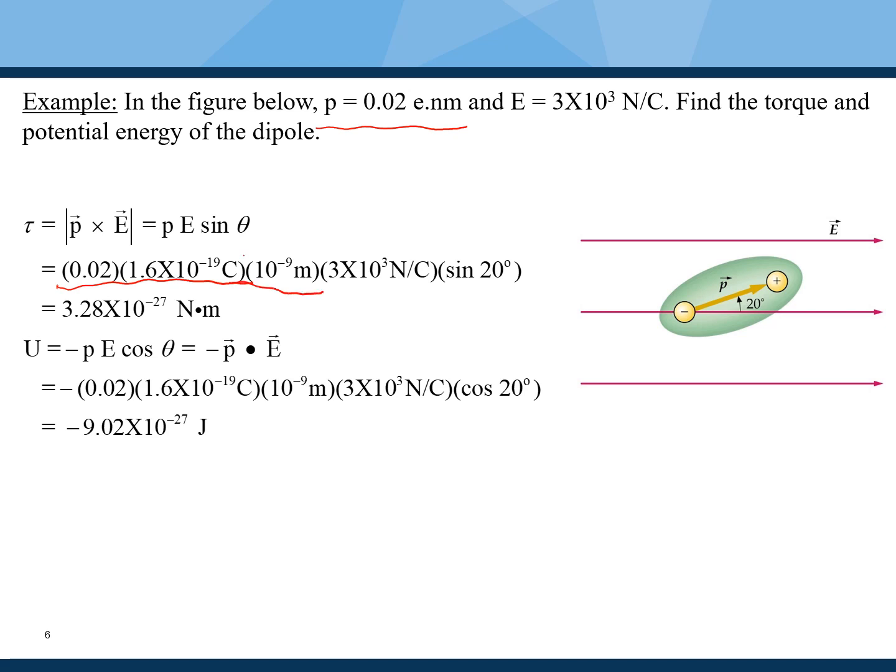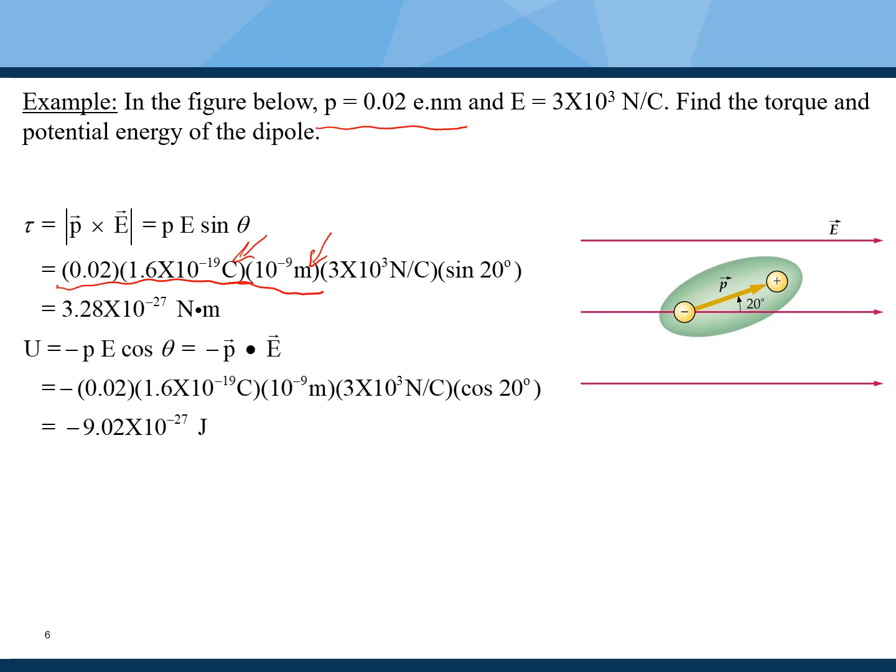So this is the charge of an electron multiplied with a nanometer, and that has to be multiplied with the electric field and the sine of the angle between the electric field and the dipole shown in the figure out here in order to obtain the torque. Likewise we can obtain the potential energy of this configuration, and that's nice and simple.